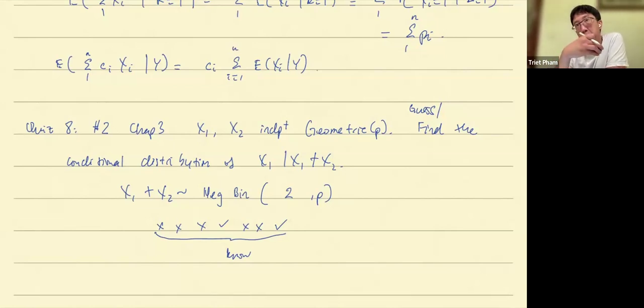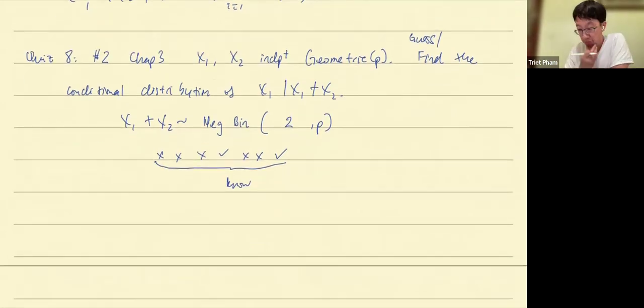If it takes 10 trials to get to the first 2 successes, what's going to be the number of trials to get to the first success? No guess?